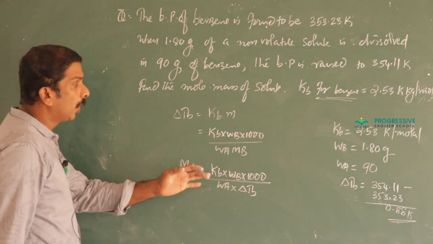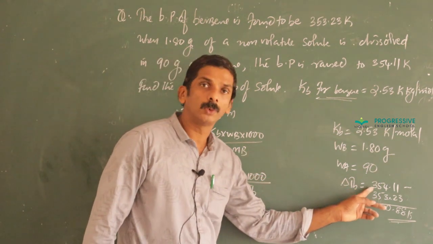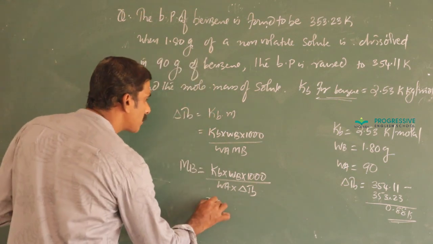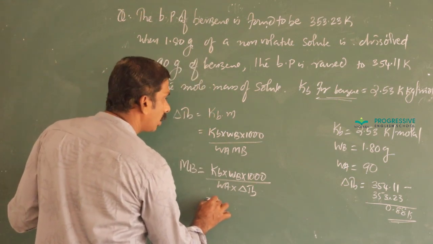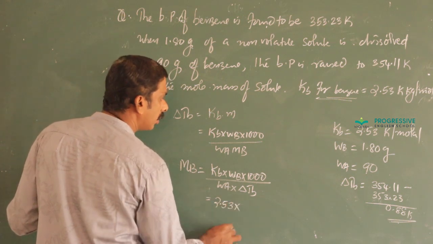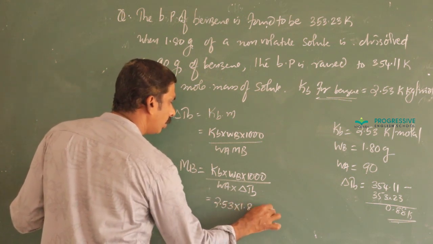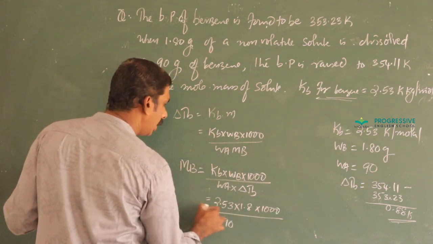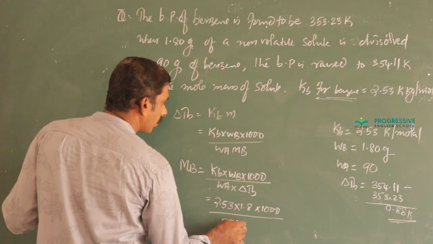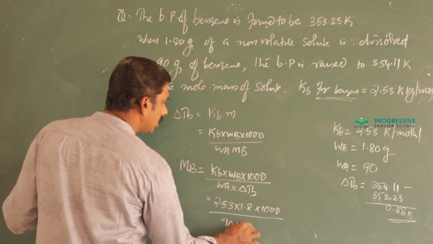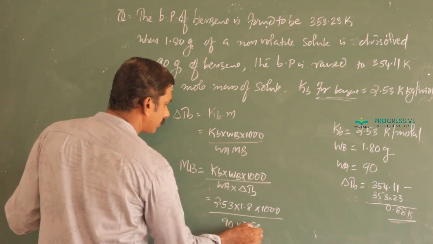The difference between the boiling point of the solution and that of pure solvent is called elevation of boiling point. On substituting Kb 2.53, Wb 1.8 into 1000 divided by Wa 90, delta Tb 0.88.